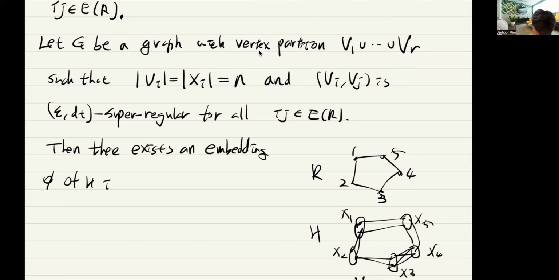Maybe you might want to read it again to understand the statement and get more familiar with it. So there are some remarks. So it can be strengthened.